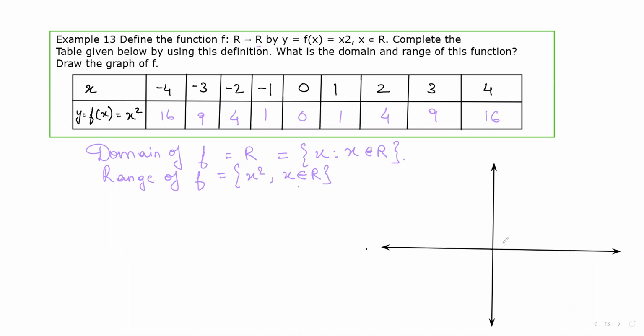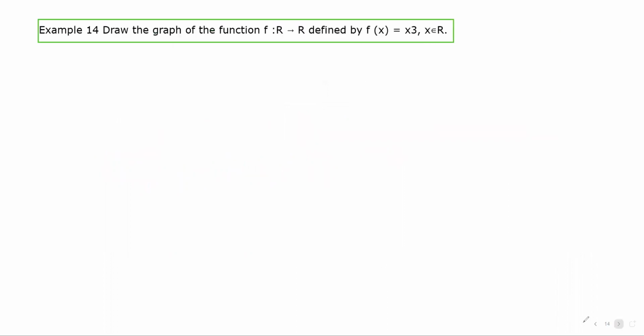For positive values of x, your y is increasing and reaching a great height in the form of a curve, an exponential rise. Then as you go negative, you're getting a positive value of y. So this curve would look something like this. You can place 1, 2, 3, 4 values on the x and y axis.